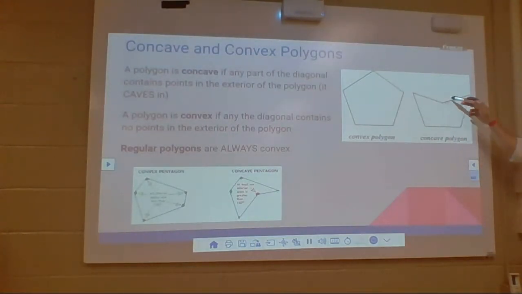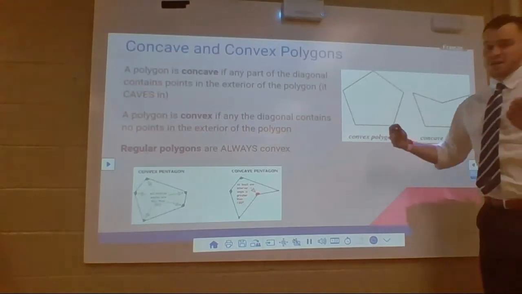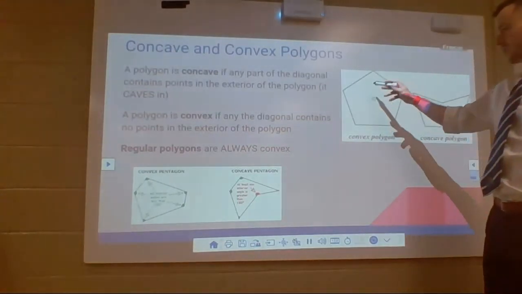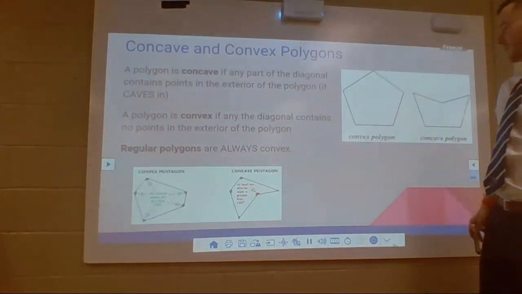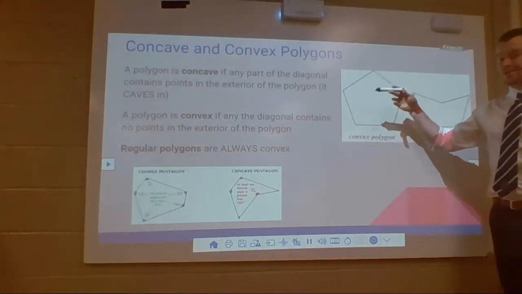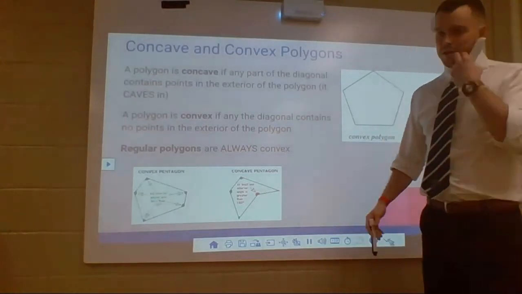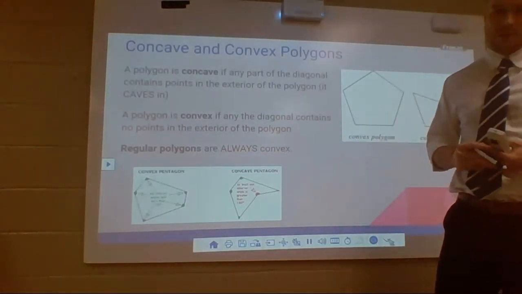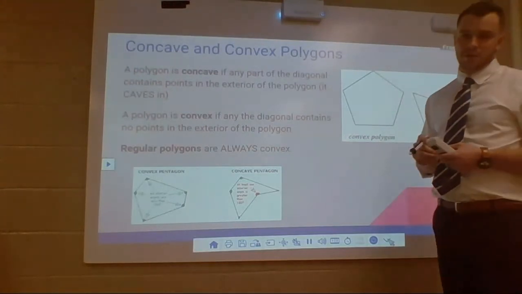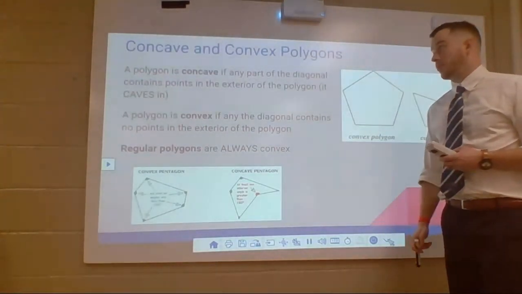See how it looks like it dents in or it caves in? So concave. If it doesn't cave in, then we consider it convex. Okay, so here's an example of a convex polygon. It's not caving in. So regular polygons will always be convex. They will not cave in at all. So that's a feature of regular polygons.